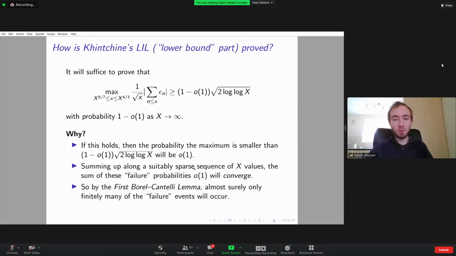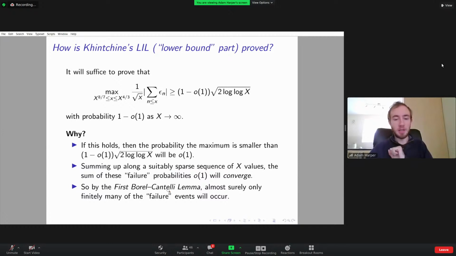And if that's true, then we can find a sparse sequence of values capital X, depending on how quickly this little o(1) goes to 0, so that along that sparse sequence of capital X, these failure probabilities are, let's say, the reciprocal of the squares. And then if we sum up those failure probabilities along that sparse sequence, it will converge, because the sum of 1 over the squares converges.